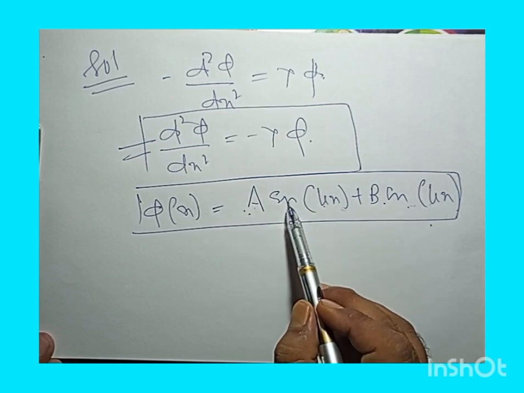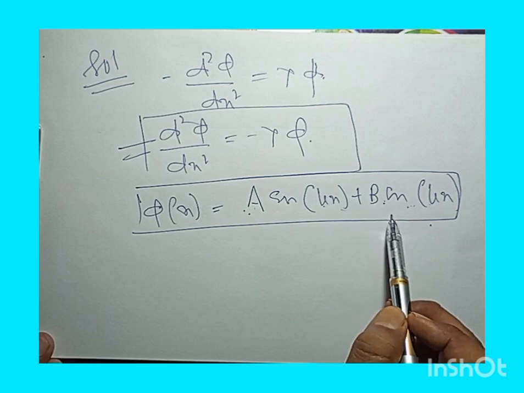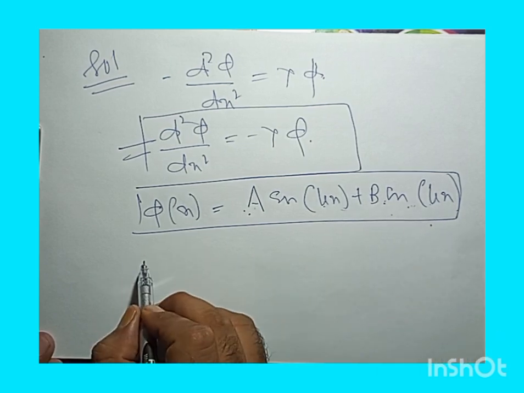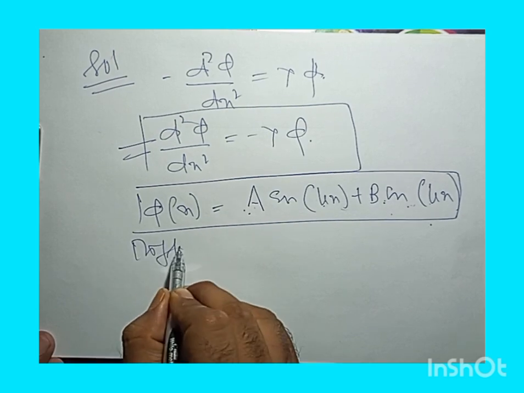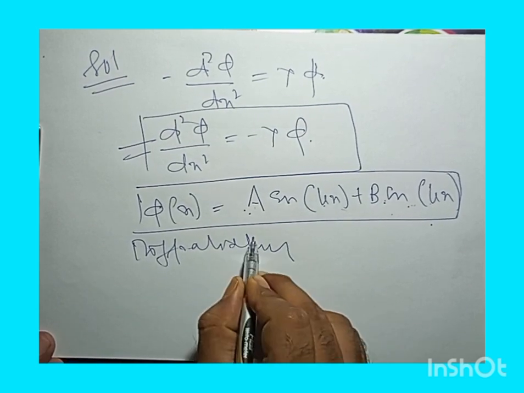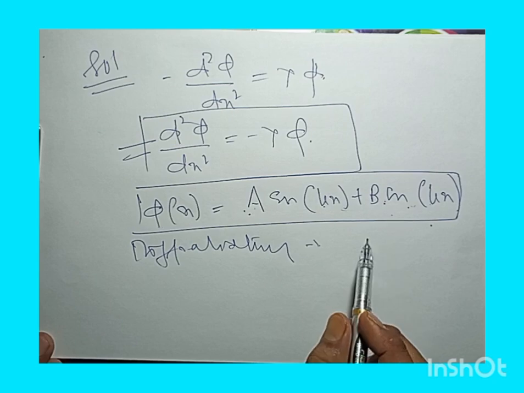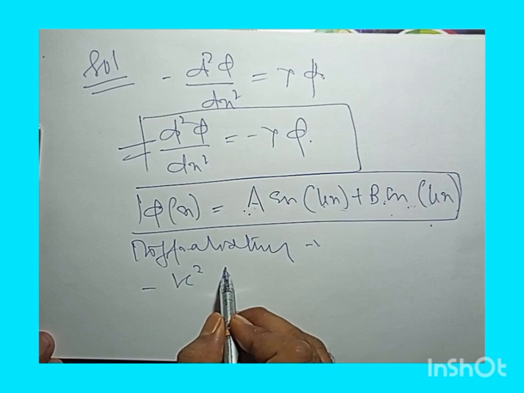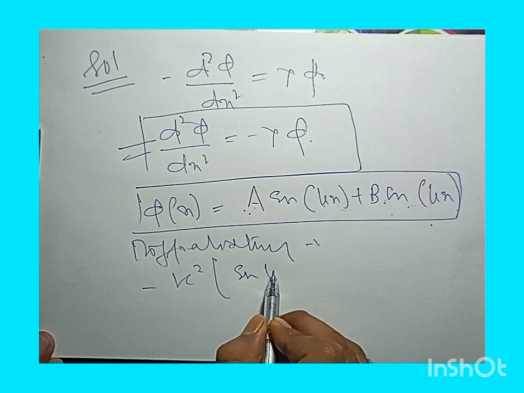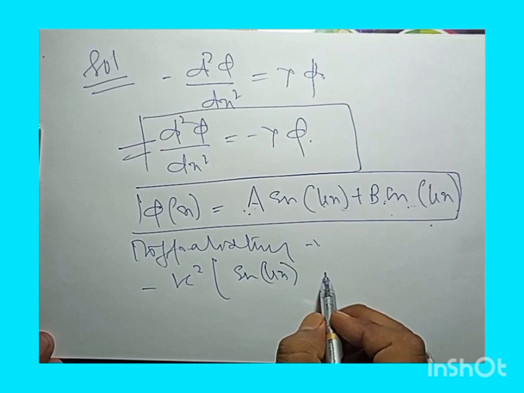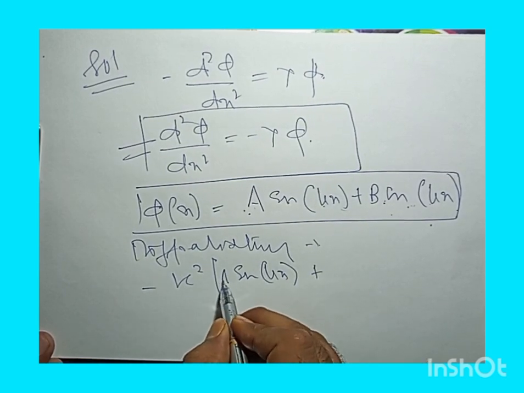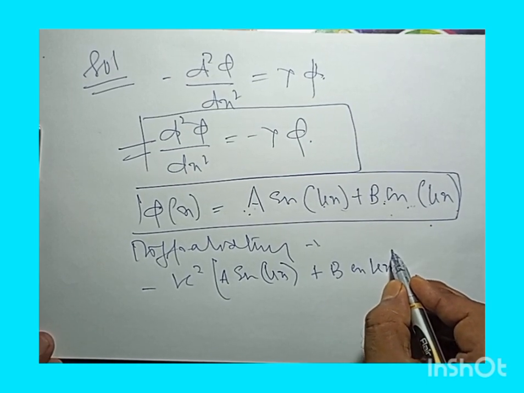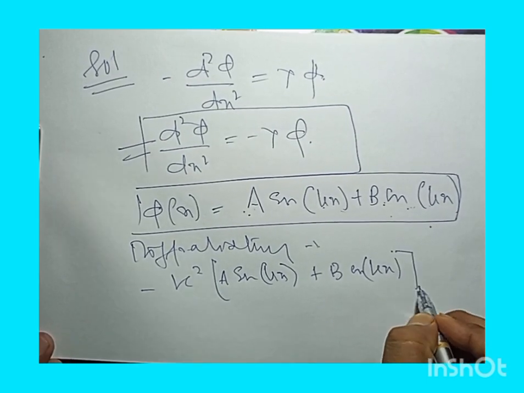This will come back to sine, and this will come back to cos. That should be clear to everybody. So taking the double derivative, we are left with minus k squared times a sine of kx plus b cos of kx.